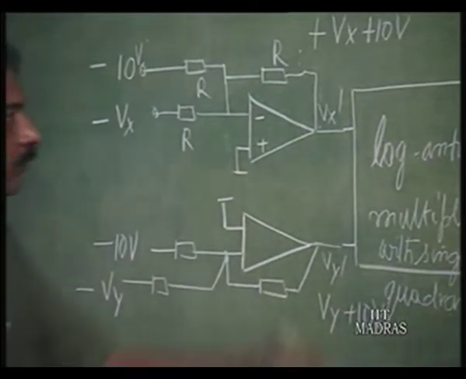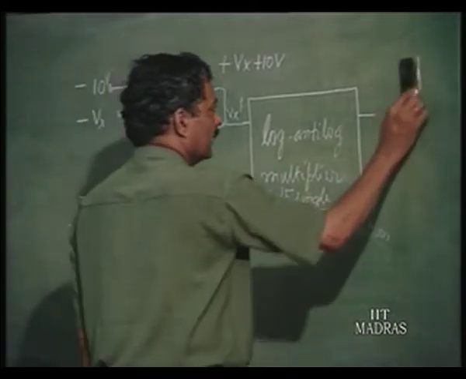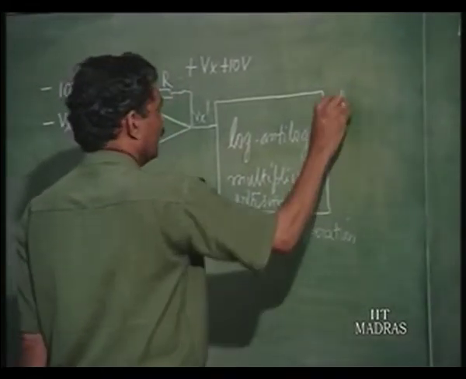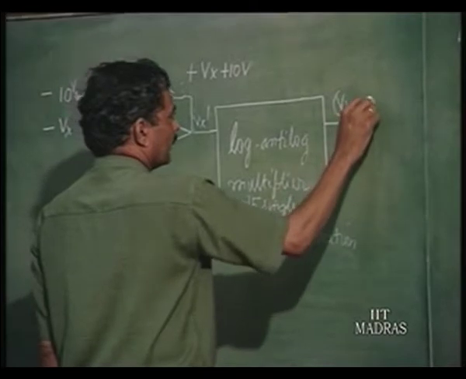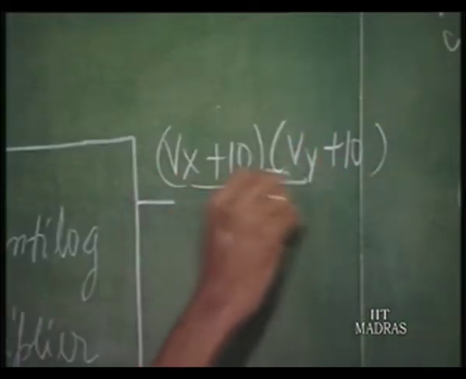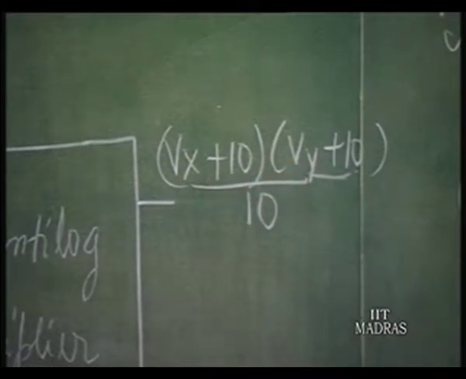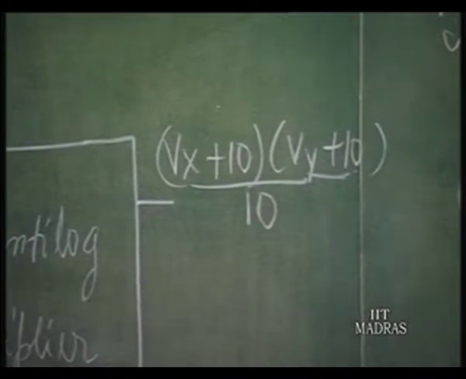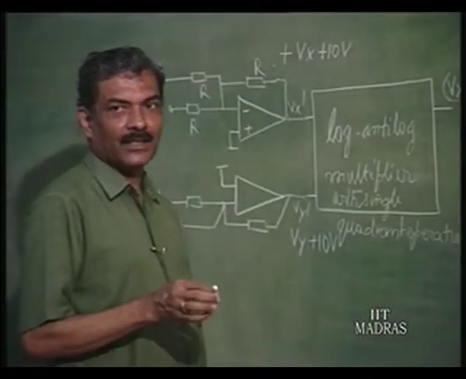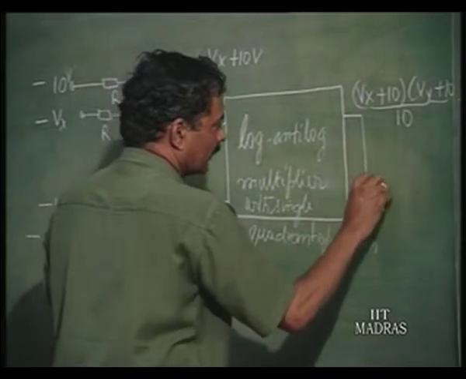So, now output is V x dash V y dash by 10 volts, which is essentially equal to V x plus 10 into V y plus 10 divided by 10, which as I told you earlier has the wanted component of V x V y by 10, and x feed through of V x and y feed through of V y and a DC offset of 10 volts, which has to be deducted from this.